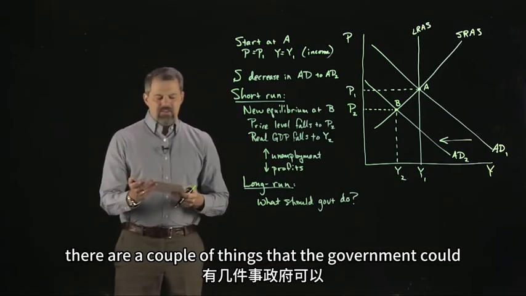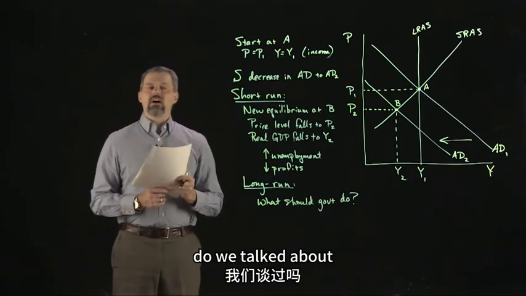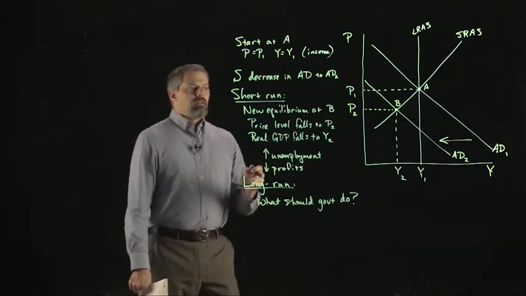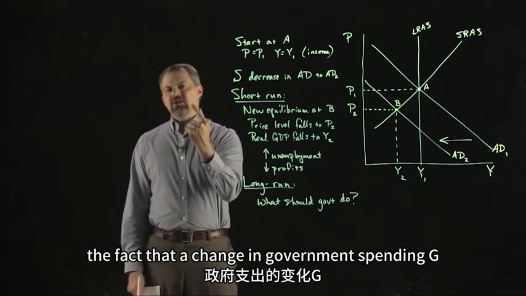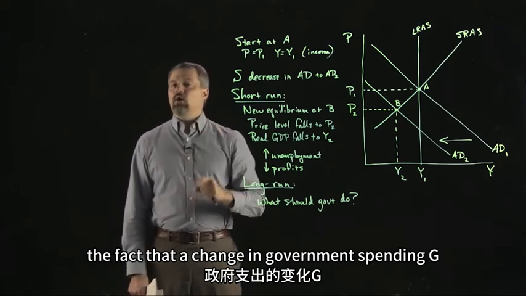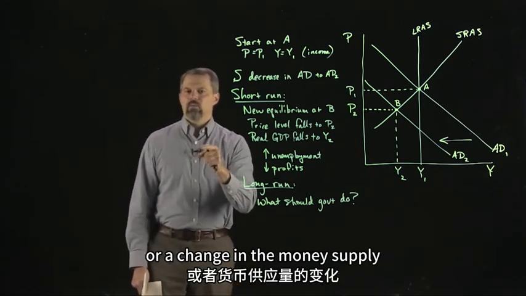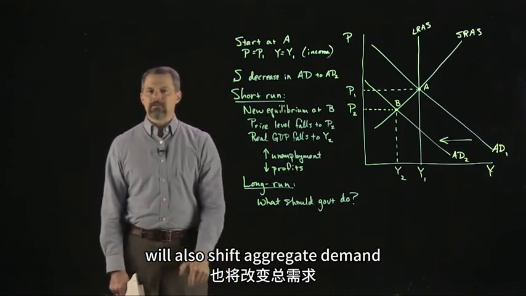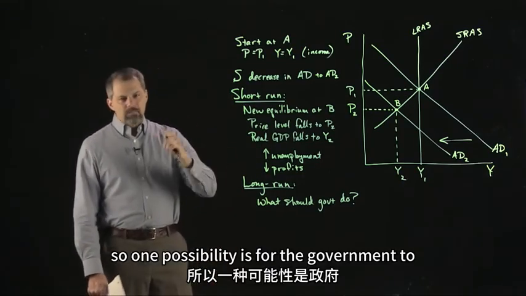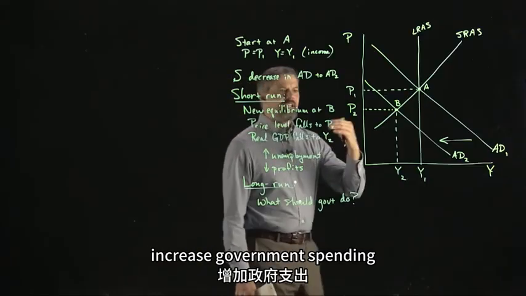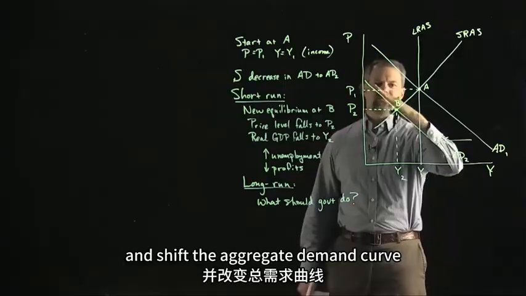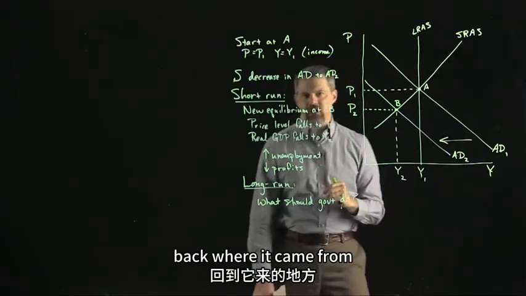Well, there are a couple of things that the government could do. We talked about the fact that a change in government spending, G, or a change in the money supply will also shift aggregate demand. So one possibility is for the government to increase government spending and shift the aggregate demand curve back where it came from.